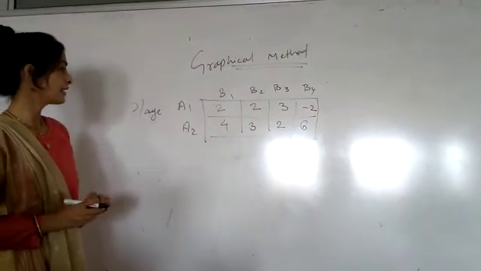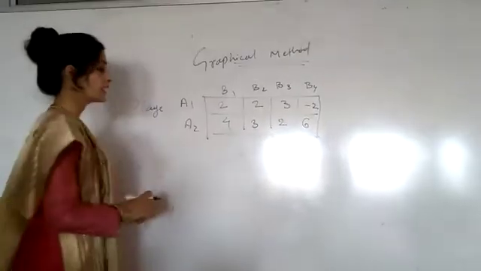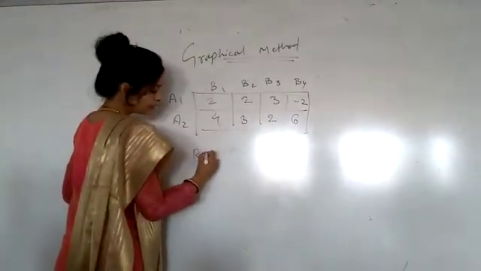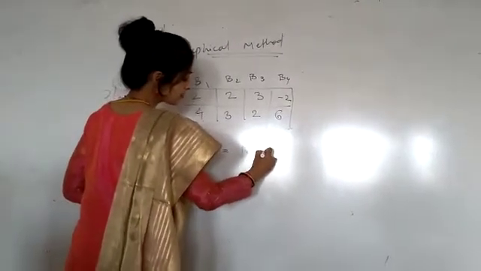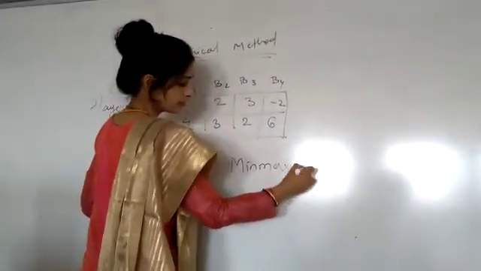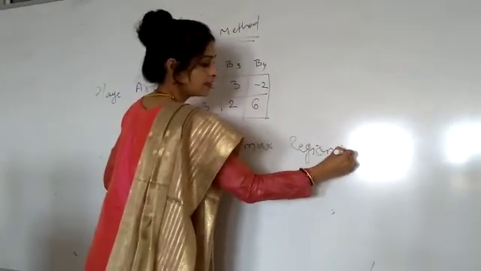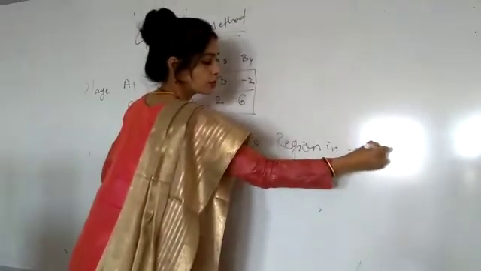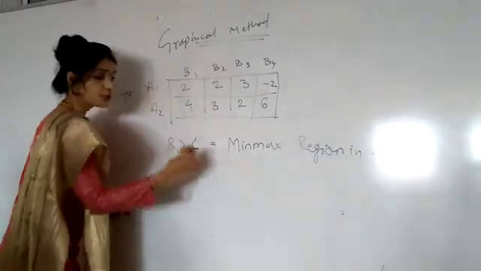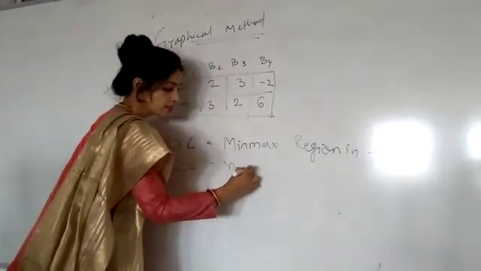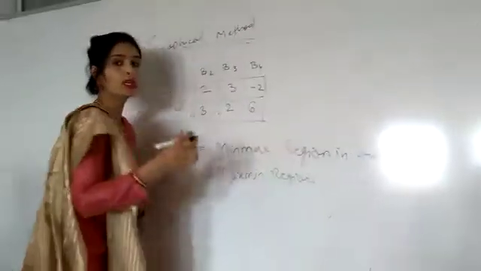Now, we see that two rows are there and four columns are there. It means that if rows are greater than columns, then you can follow the minimax rule. In the graphical method, if rows are less than columns, then you can follow the maximin rule to get the correct answer.